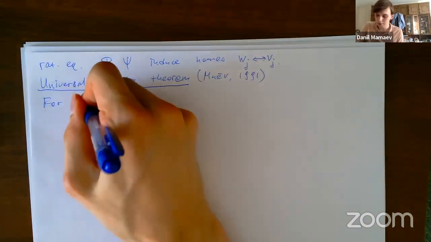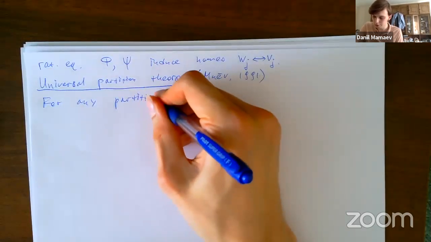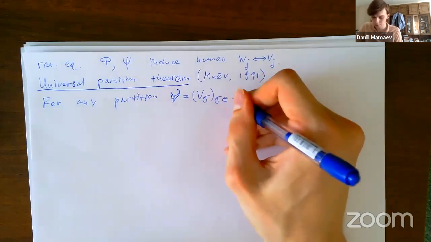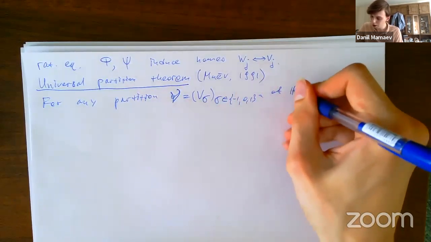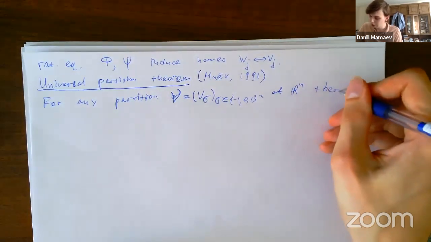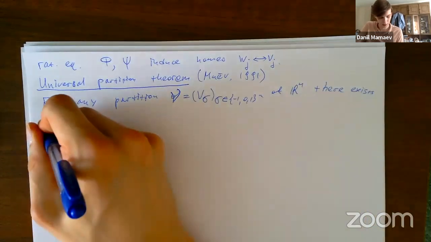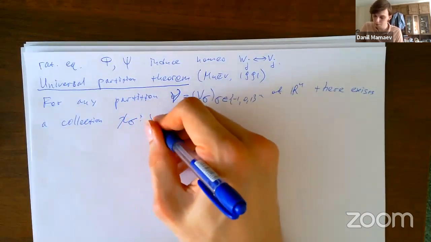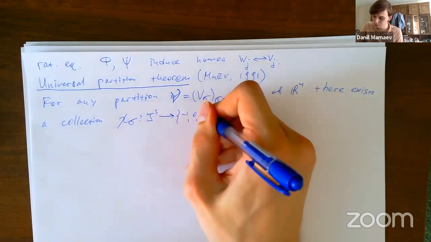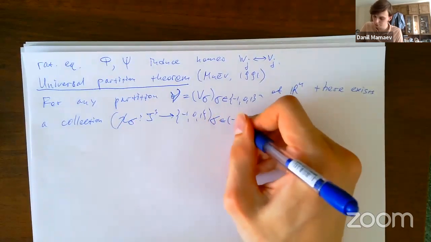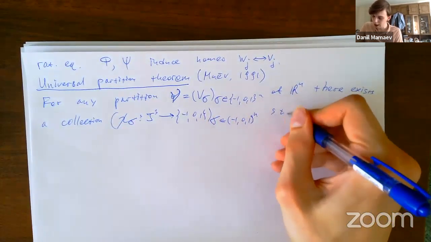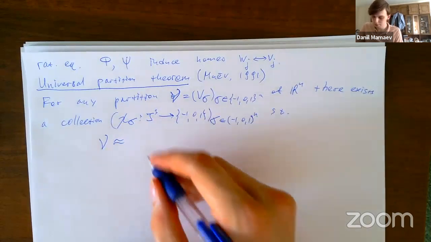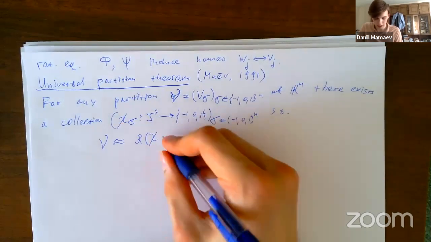It states: for any partition V of Rn, there exists a collection of arranged matroids such that V is stably equivalent to the partition generated by these matroids.